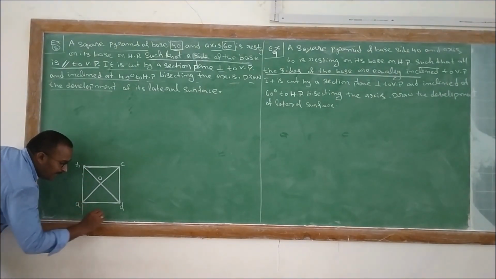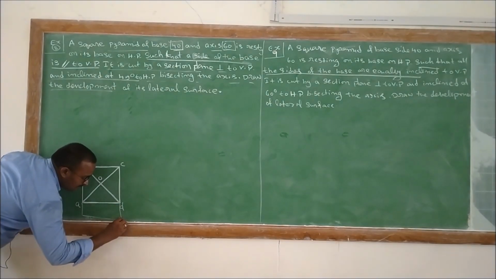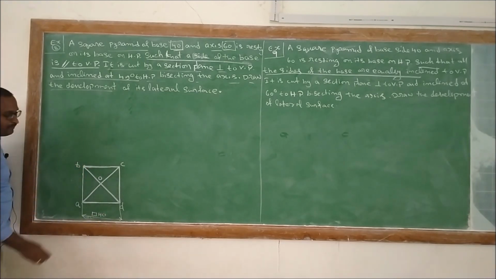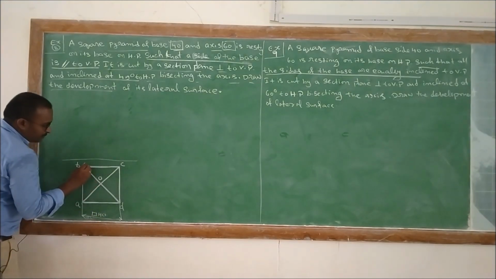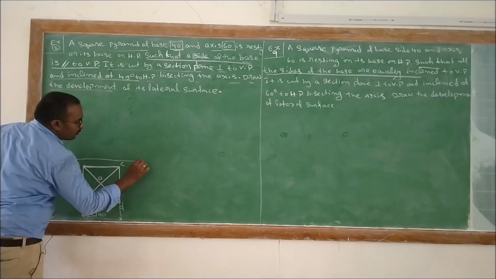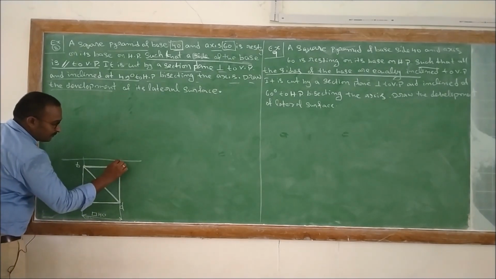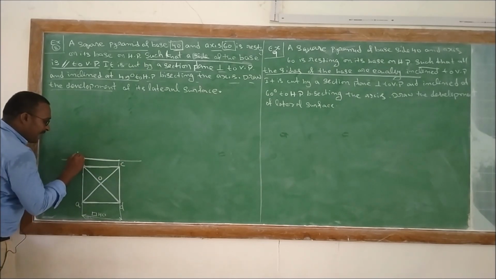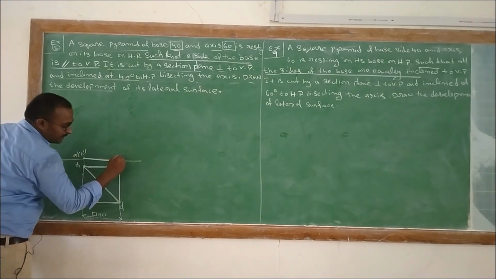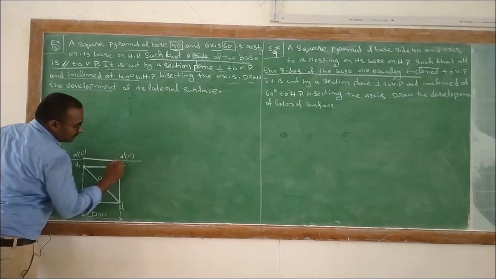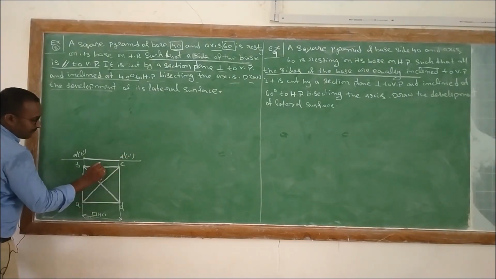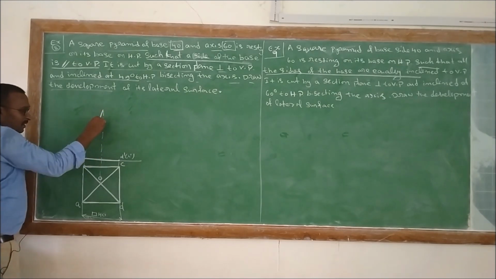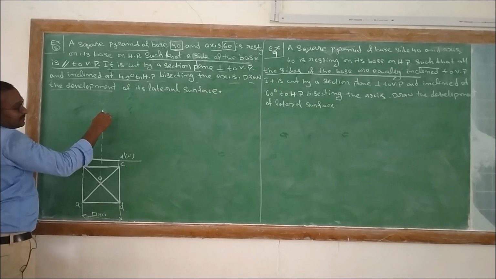So here the base is a square of 40 mm side. Then we need to project the front view. Here it is the base surface. Here A dash B dash. Then here D dash C dash. Then project the axis, height is about 60 mm.